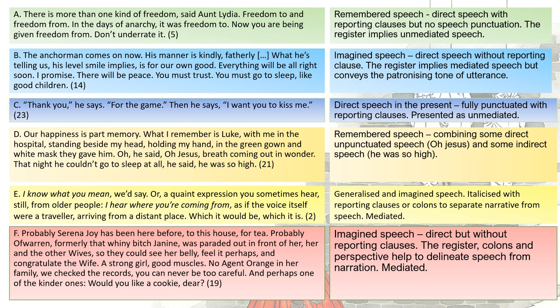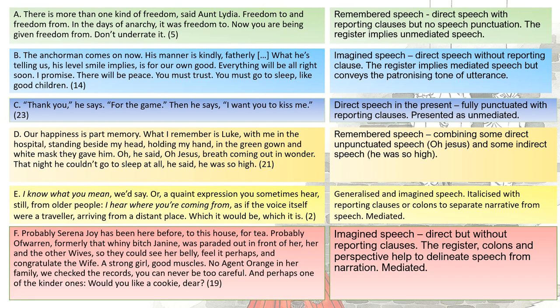It's always unpunctuated. There's no example of speech marks used, I don't think, with the aunts, and I'll explain why that is later, because there are some rules that Atwood seems to follow. This is an example of remembered speech. It's direct. It has the reporting clause, said Aunt Lydia, but there's no speech punctuation.